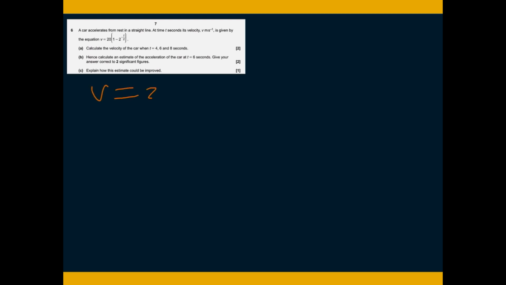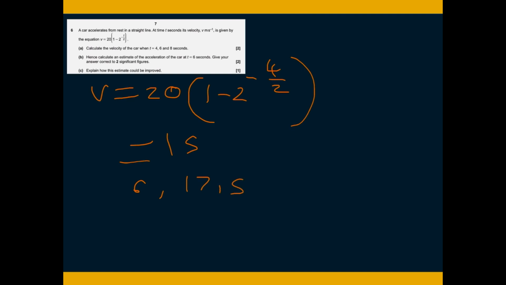So we want to do v equals 20(1 − 2^(−t/2)), and we're just subbing in t, and then we can just solve that using our calculators, which gives 15. Now for 6, we get 17.5, and for 8, we get 18.75. Just by subbing 8 in as t and then 6 as t, as we did with 4.